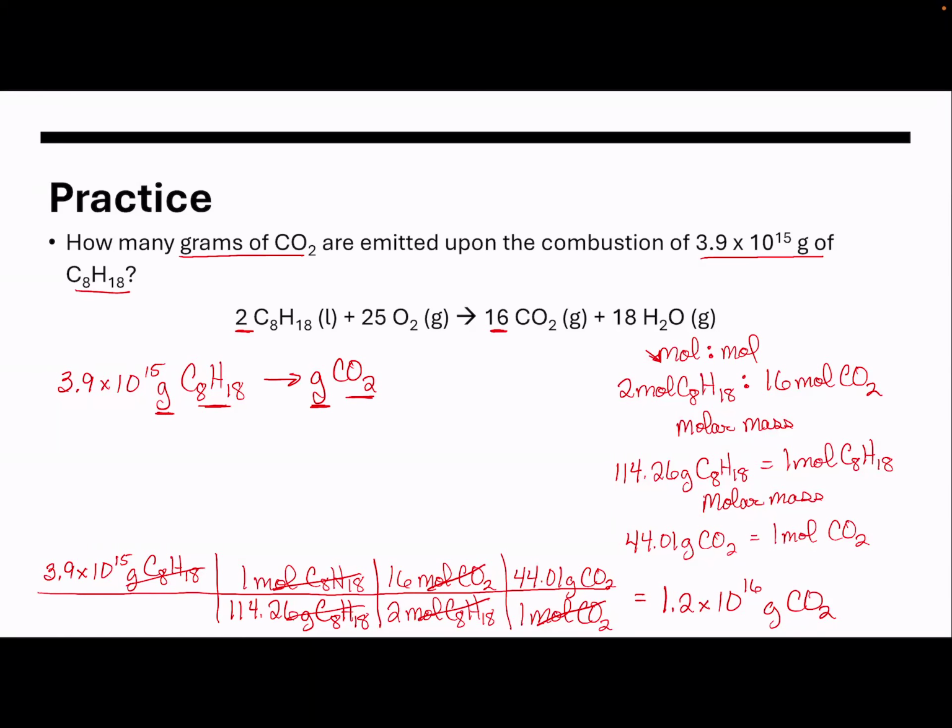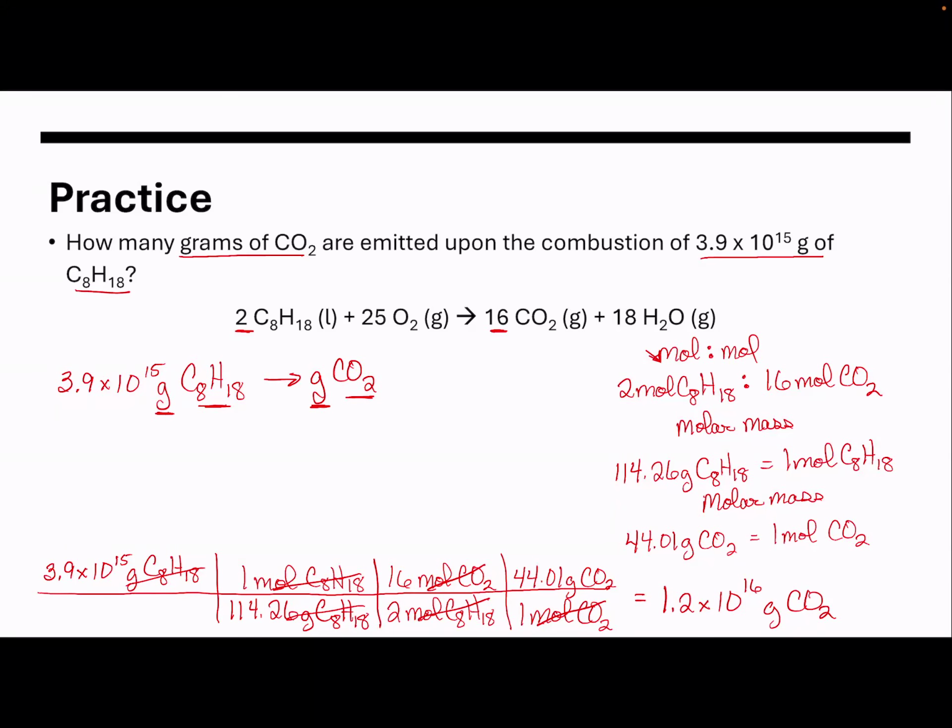The second thing I want to make note of is something that hopefully you'll be appreciative of on a test. There will be a separate molar mass question. There will be a separate balancing chemical reactions question.